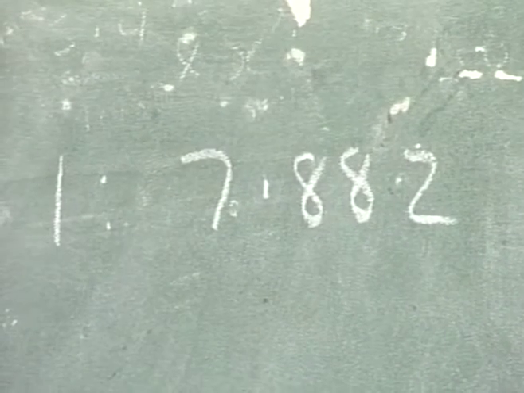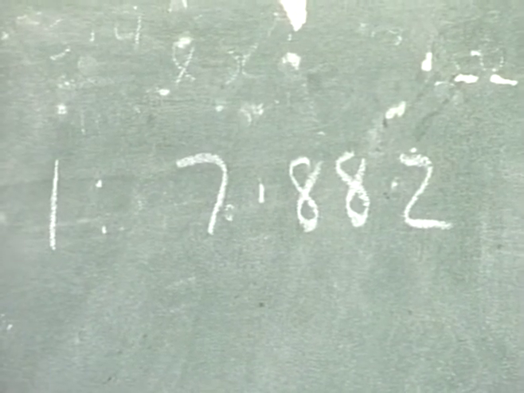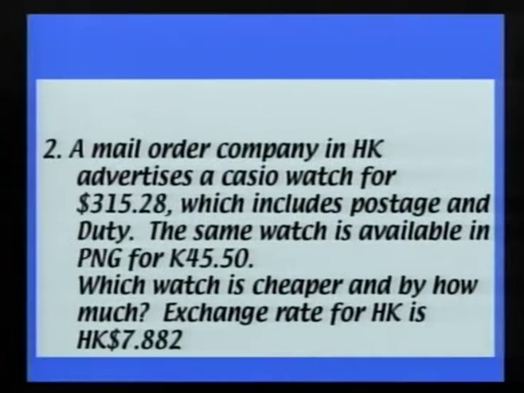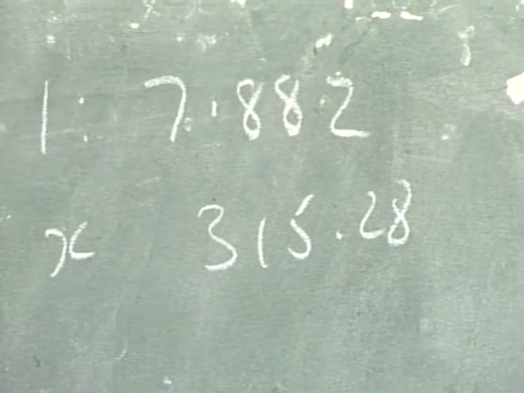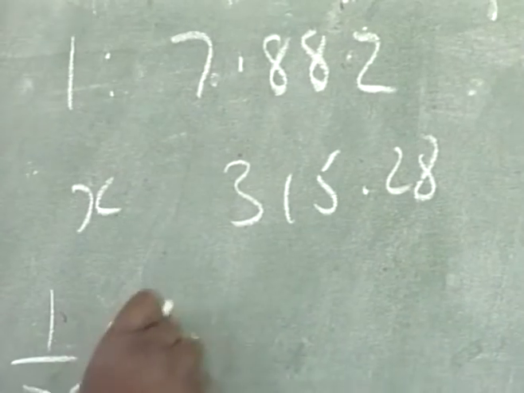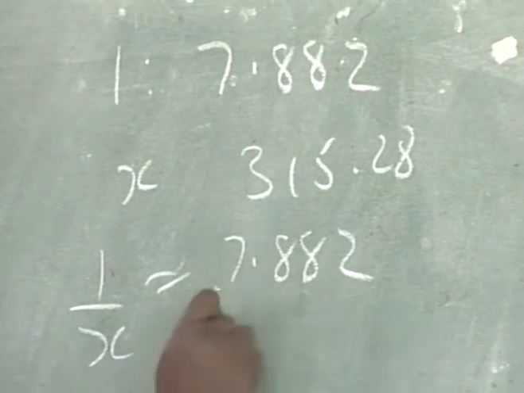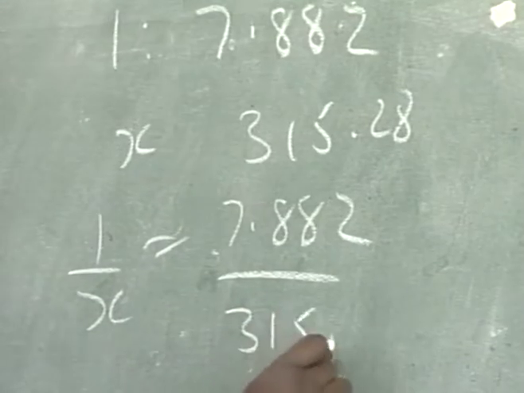Okay, so when one of you becomes the Prime Minister of PNG, then maybe it will be okay. 1 kina is equivalent to $7.882. So we have to find out how much 315.28 Hong Kong dollars is equivalent to in kina. So 1 over x is equal to 7.882 over 315.28.